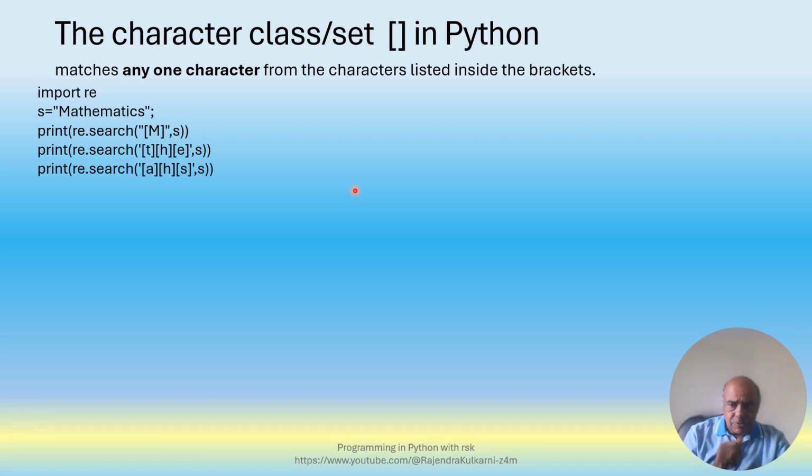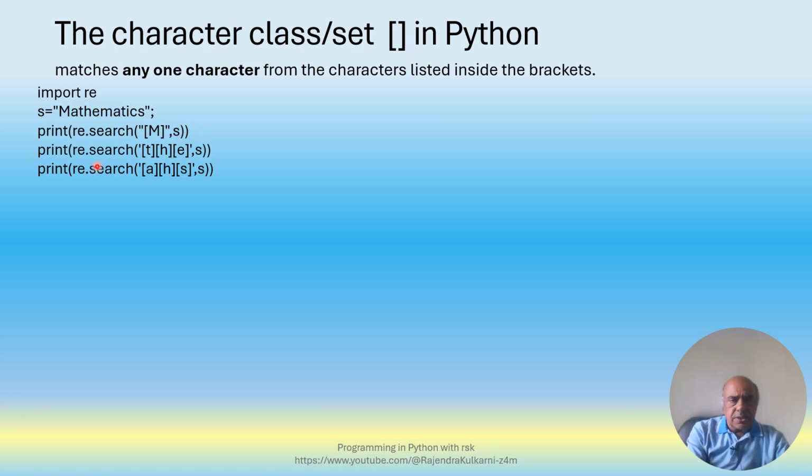Example, this is a program: import re. The string s is equal to mathematics. There are three search criteria we have given. Print re.search, in the square brackets capital M, both enclosed within double quotes, then comma, then the name of the string, s in this case.